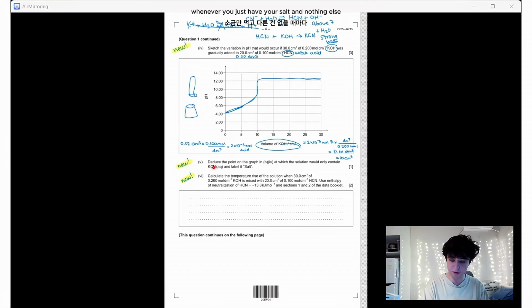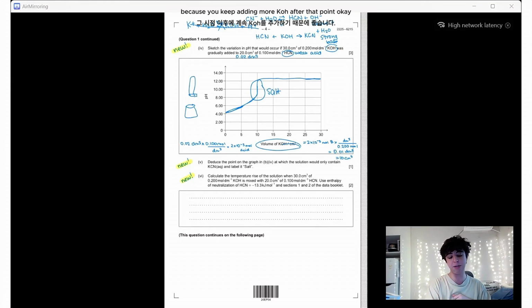Whenever you just have your salt and nothing else, that is at the equivalence point, right? That's why we did those hydrolysis calculations, that's why the pH corresponds to that. Okay, so we're going to just go salt. After this equivalence point, that's why we have that second plateau, because we don't just have the salt, we have salt and excess base because you keep adding more KOH after that point.